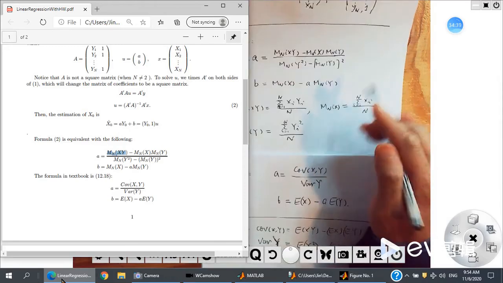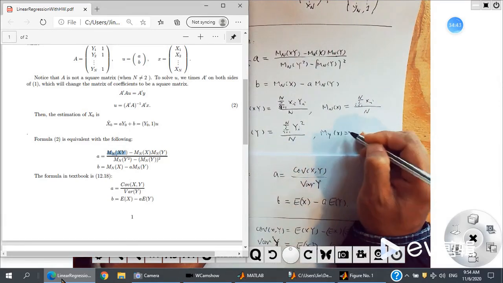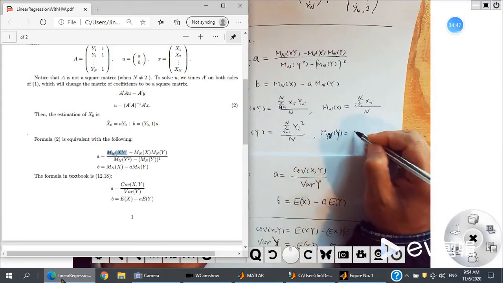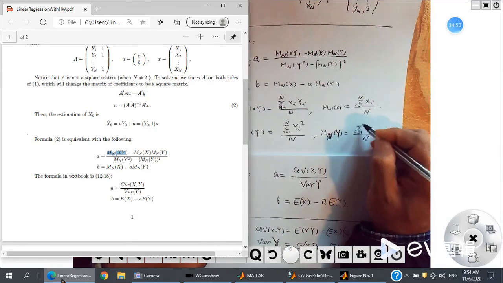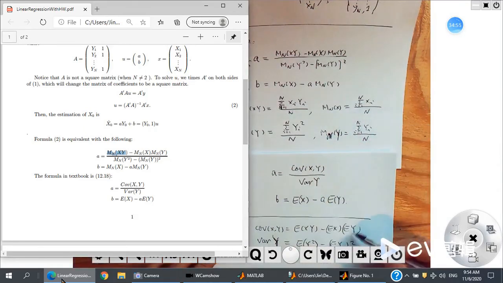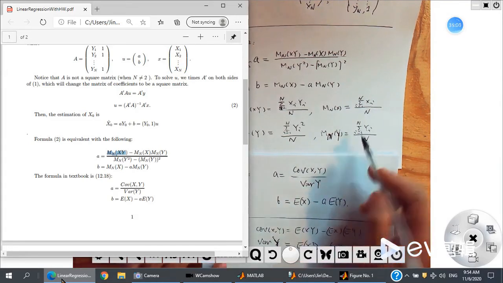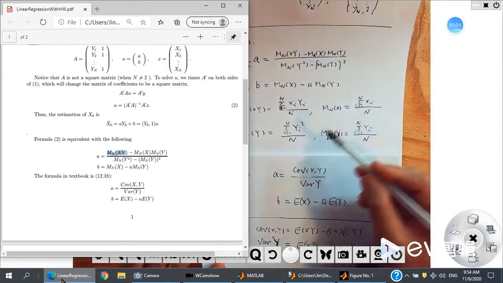Let me write it. The mean of y will be the summation of yi over n, i running from 1 to n. Right? So this one is just this one, and these two are the same thing. Then you have the formula for A, and B is similar.